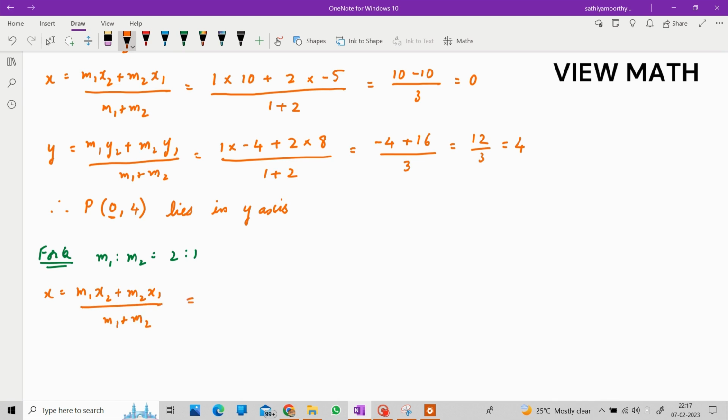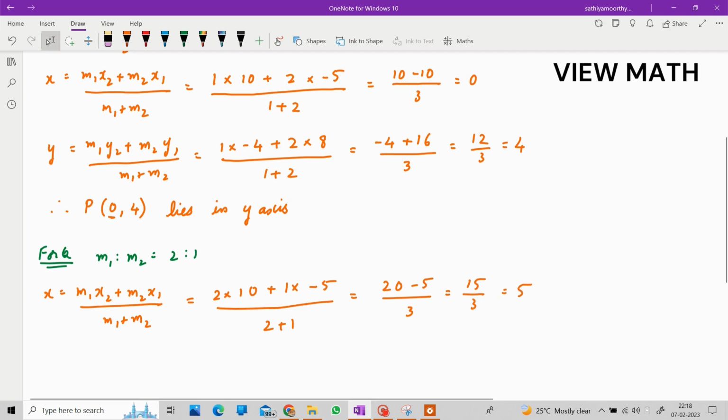Now let me substitute. m1 is 2, x2 is 10, plus m2 is 1, x1 is -5, divided by 2 plus 1. So this is equal to 20 minus 5 by 3, which is equal to 15 by 3, which is equal to 5.